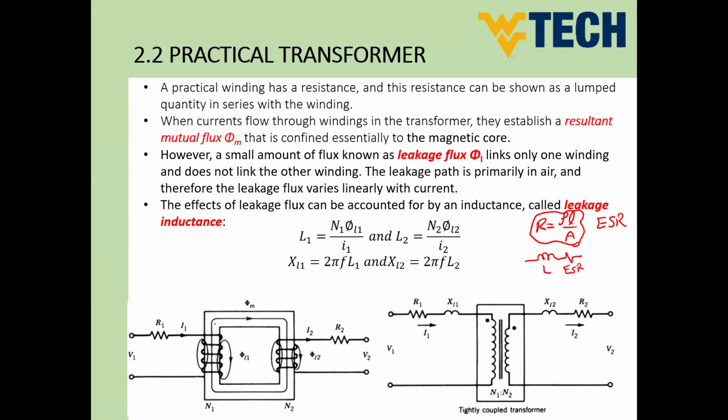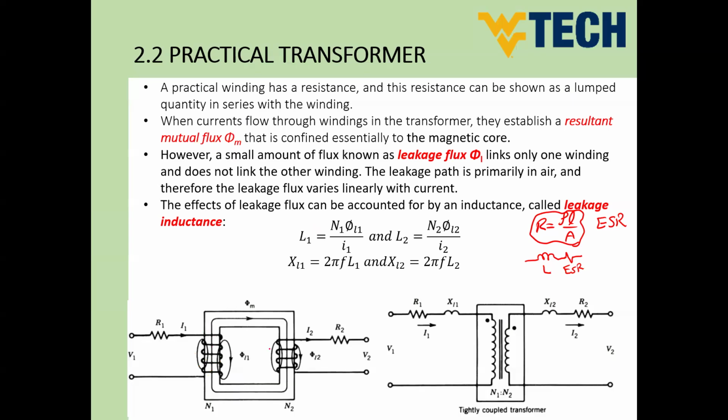And also, you will have what's called leakage flux. What is the leakage flux? The leakage flux rotates around the inductor in the air gap without moving in the magnetic core. So this is called leakage flux.